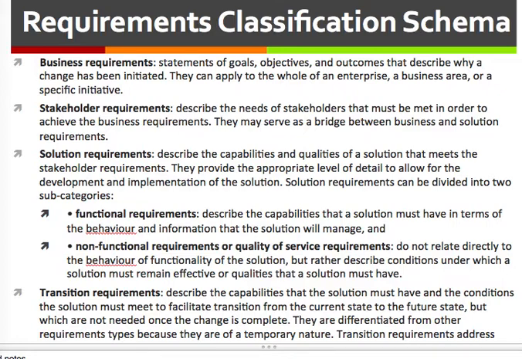That's your business requirement. Now, stakeholder requirements describe the needs of the stakeholders that must be met in order to achieve the business requirement. For example, fund transfer. The organization decides to provide an online fund transfer facility to the customer.